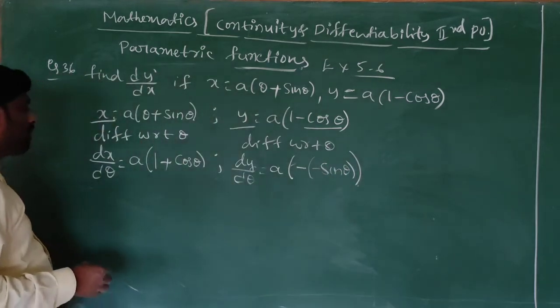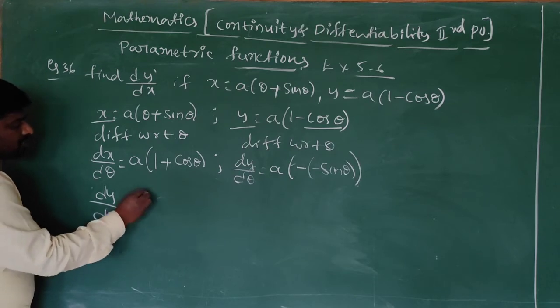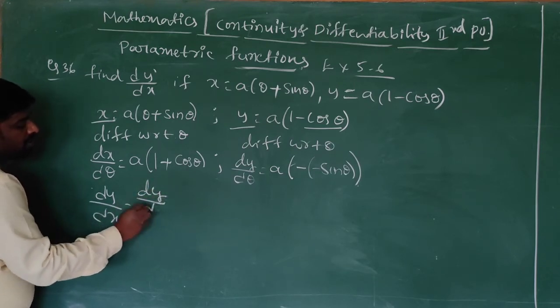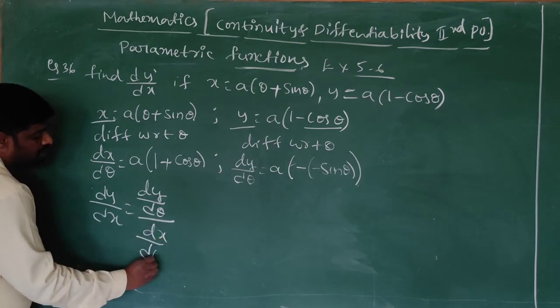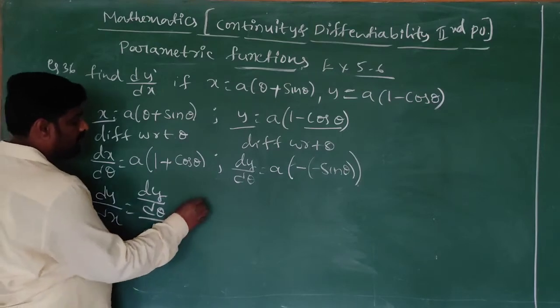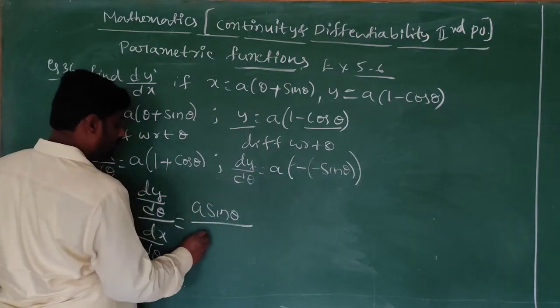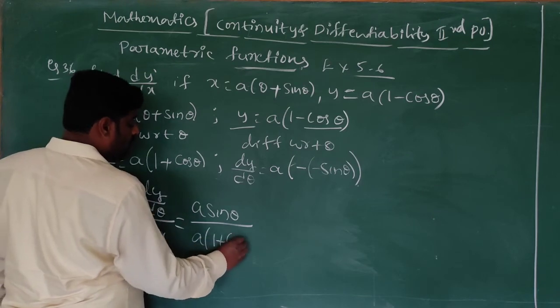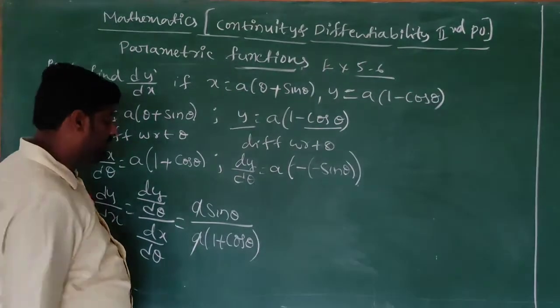Now I want to find dy by dx. Dy by dx is equal to dy by d theta divided by dx by d theta. So dy by d theta is a sin theta divided by a into 1 plus cos theta. A cancel.